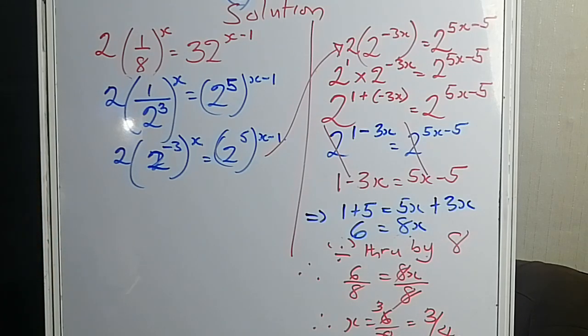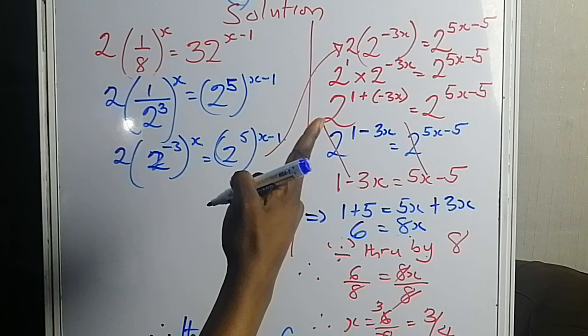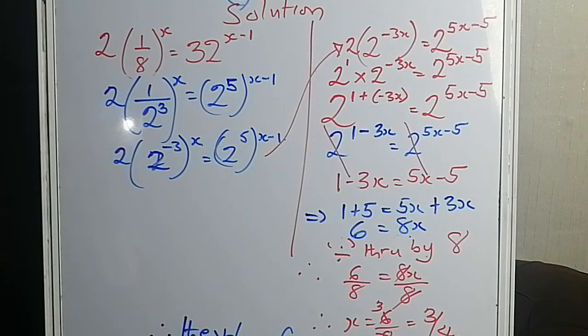Because it's a theory part, in one of those years' questions, what do you need to do? You need to conclude your answer. So you now say therefore the value of x, you can write the question, or you can just say the value of x is 3 over 4.